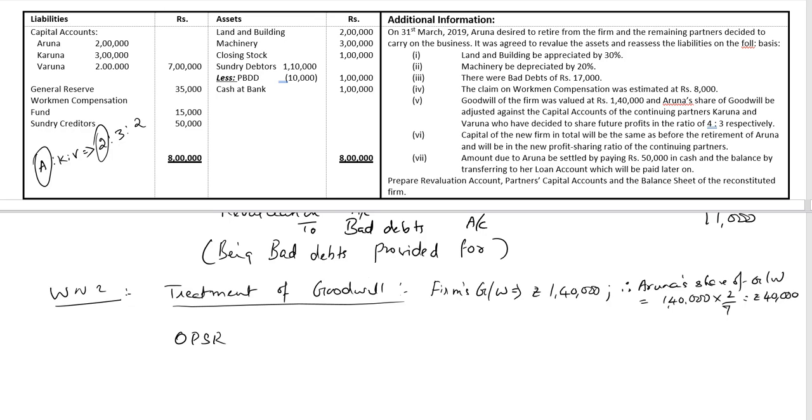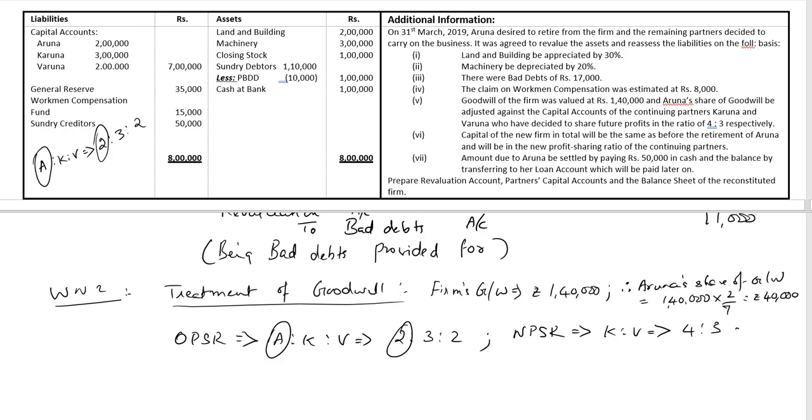The old profit sharing ratio between Aruna, Karuna and Varuna is equal to 2:3:2. Aruna is a partner who retires. As per the sum, in point 5, Karuna and Varuna have decided to share future profits in the ratio of 4:3 respectively.